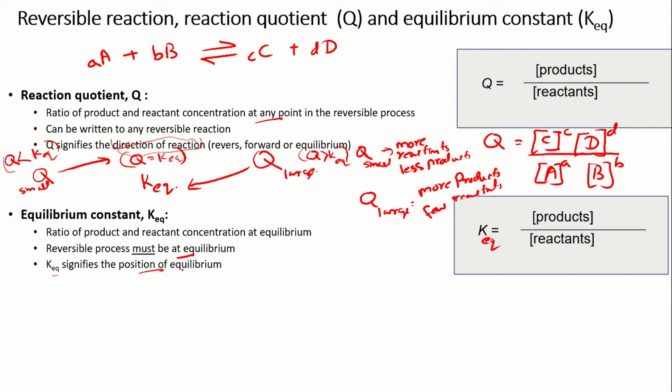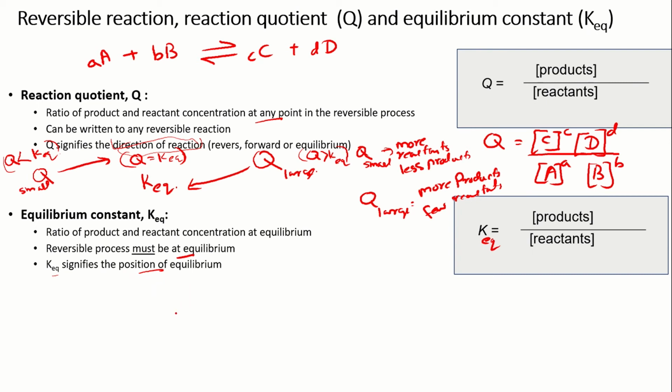Remember, equilibrium is where you have the rates equal, forward and reverse. There is no favoring, but the position can be shifted either into the product direction or into the reactant direction.